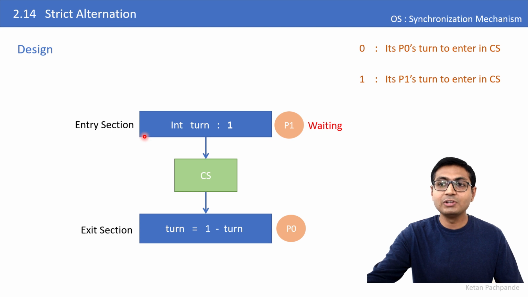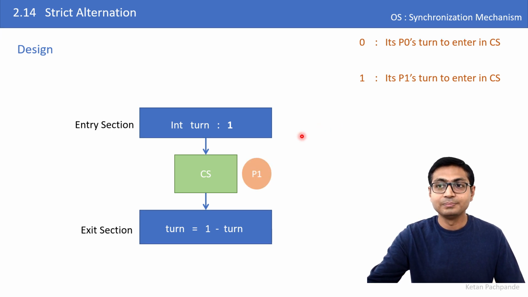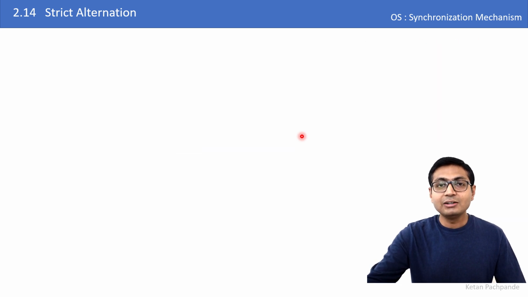And the process P0 will go ahead, do some other task. Now again P1 will read the value of turn, which will be 1, and it will come to know that yes, now it is my turn and let me enter into the critical section. So that's how on the strict alternation basis, P0 and P1 will enter into the critical section.